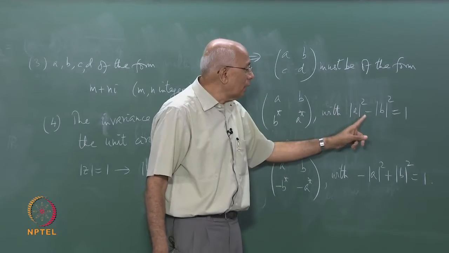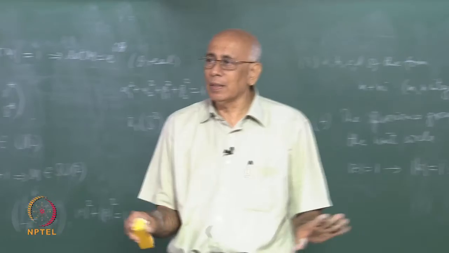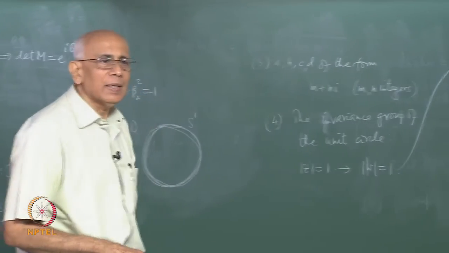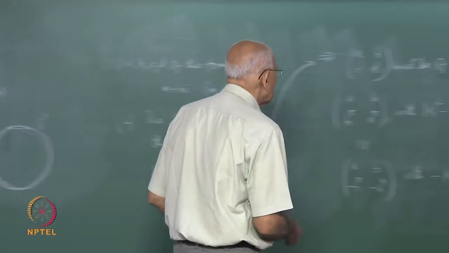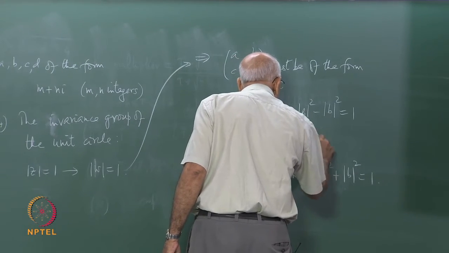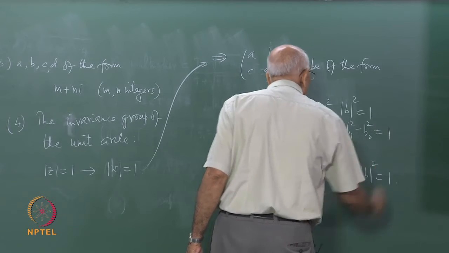So you see that little minus sign here has immediately changed everything completely. What is the parameter space there? What does this tell you? This tells you that A1 squared plus A2 squared minus B1 squared minus B2 squared equal to 1.